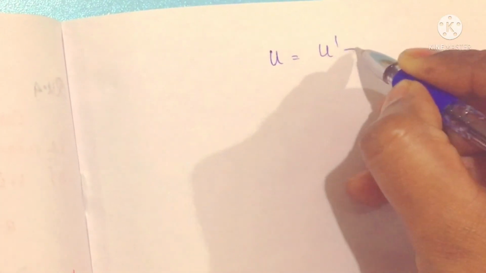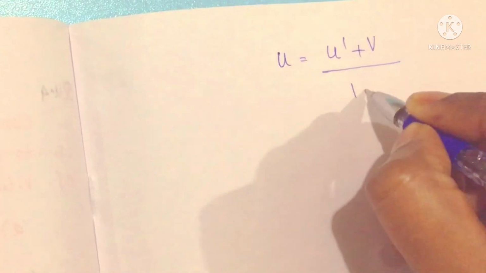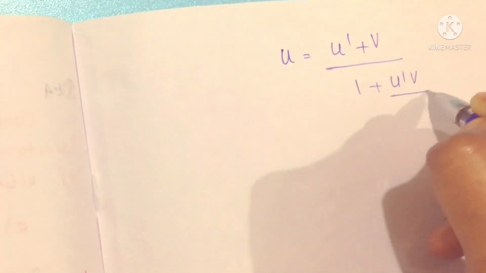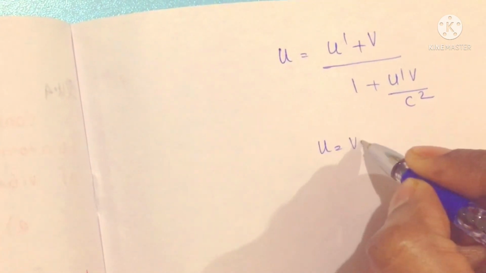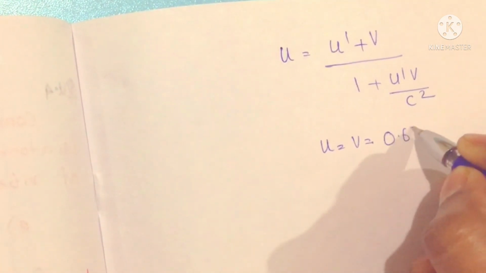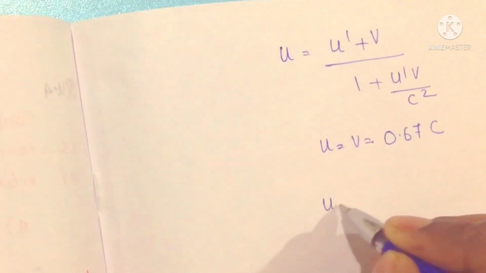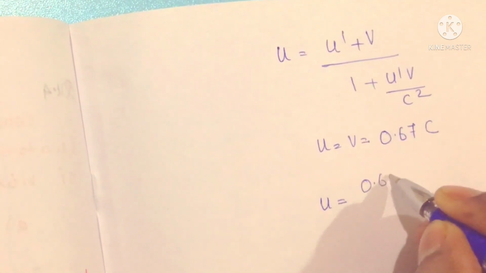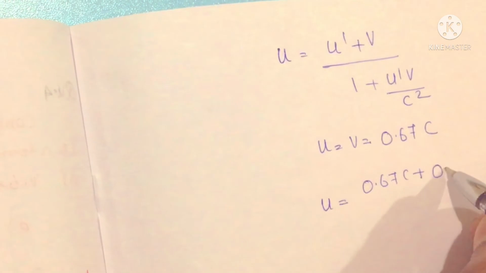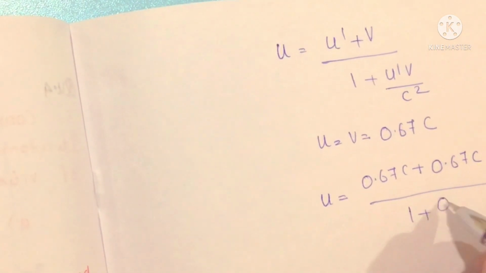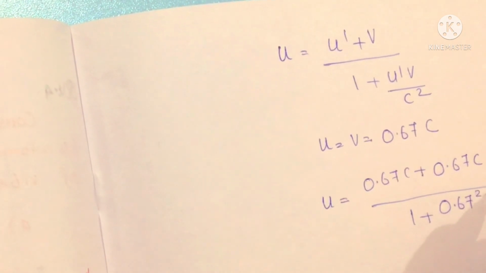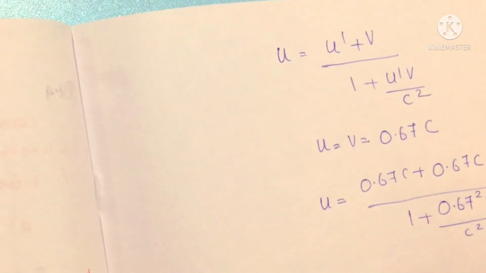Speed of one electron with respect to the other is written as u = (u' + v)/(1 + u'v/c²). Here u' = v = 0.67c. So by substituting we get (0.67c + 0.67c)/(1 + 0.67²c²/c²).